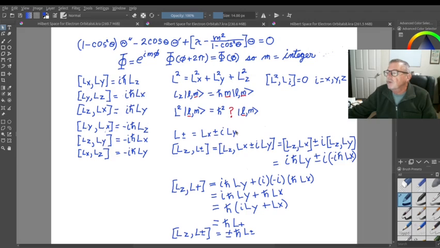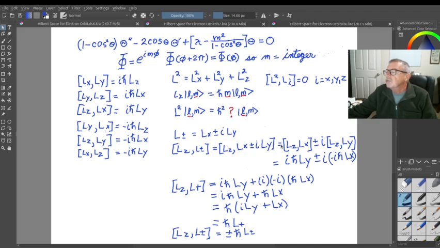Now, where did that come from? Well, let's just use it and keep going. If we take Lz and try to commute it with L plus minus, this is what we get: the commutator of Lz with Lx plus or minus i Ly. All I did is substitute in here for this.